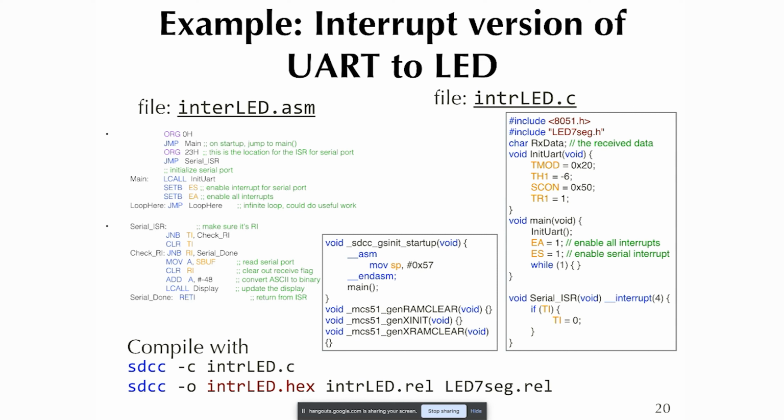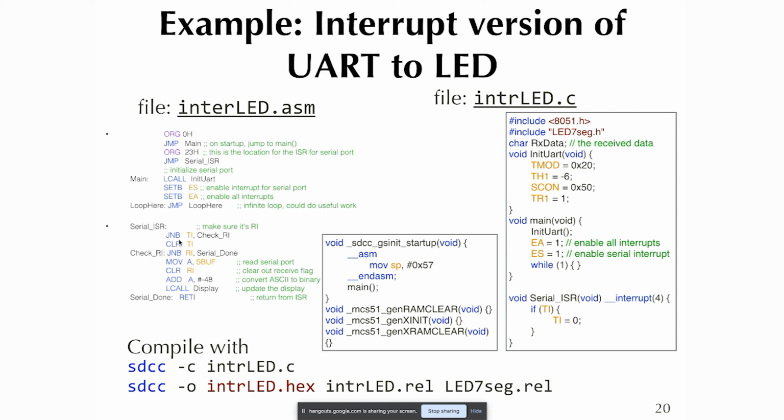So these are examples to help you understand interrupts, right? How this one works is you set up a serial interrupt as opposed to polling, right? And then what it does is it does the same check as what polling does. So this one, you remember, you type on the UART, send a character, and then have it print out that digit on the LED, right?